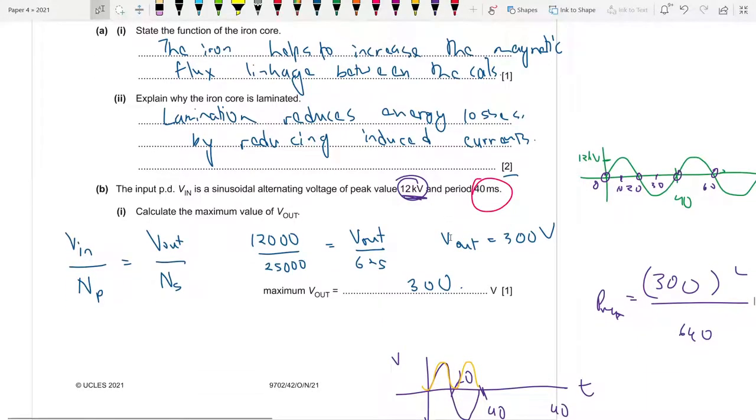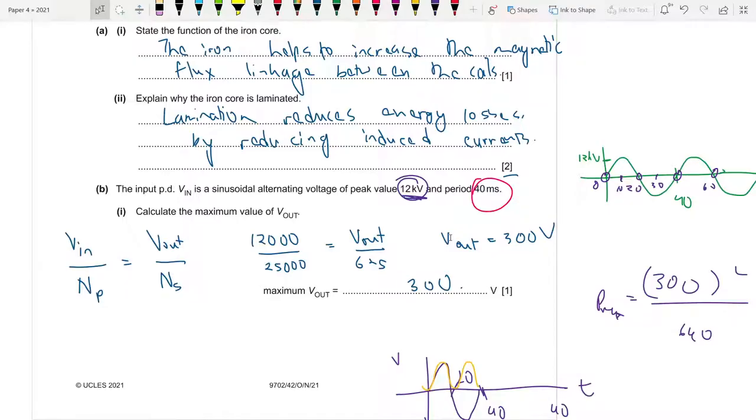So now we are tasked to find out the output voltage. The input PD is a sinusoidal alternating voltage of peak value. Now they want you to find out the maximum value. So we're going to use peak. If they don't mention anything, you're going to use V RMS. Since they mention max, you're going to use max. We're going to use the formula V in by the number of turns in the primary coil is equal to V out by the number of turns in the secondary coil.